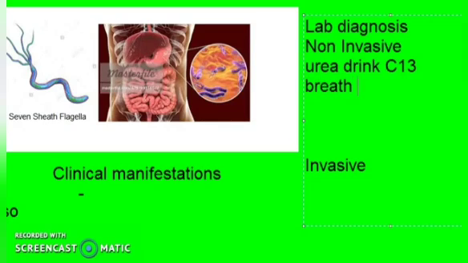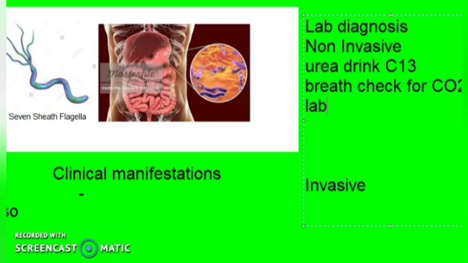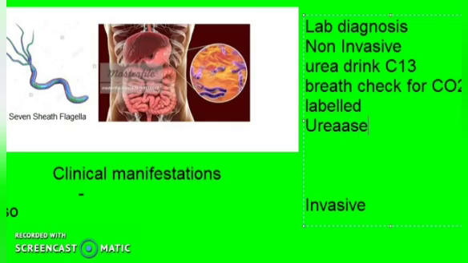Then in the breath you will check for CO2, which is labeled. Labeled CO2 you should get. And if labeled CO2 is coming, that means urease is present in the stomach. If urease is present, that means bacteria are present. Okay, so that is non-invasive test.